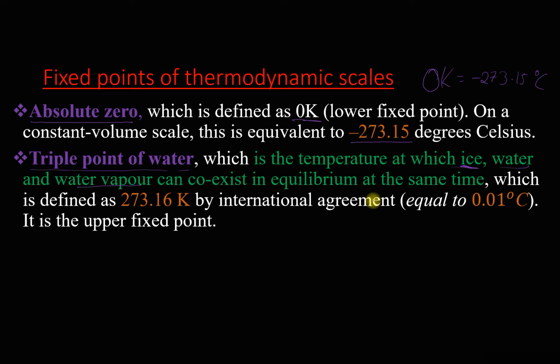This is defined to be 273.16 Kelvin by international agreement, about 0.01 degrees Celsius. This is called the upper fixed point of the thermodynamic scale, or the Kelvin scale. So on the Kelvin scale, the upper fixed point is 0.01 degrees Celsius, which is 273.16 Kelvin.